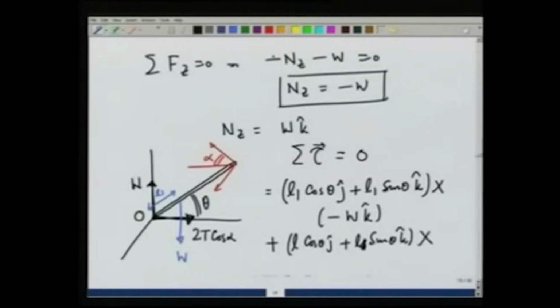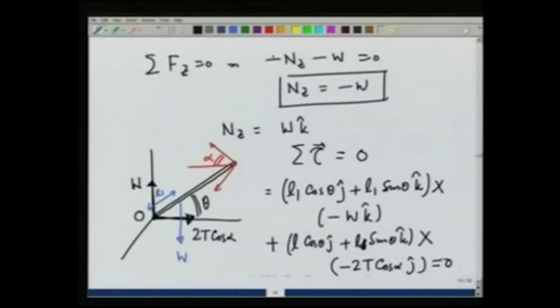Since the two forces are acting at the same point, I can write the torque for their summation, which would be equal to minus 2 T cosine of alpha j, and this should be equal to 0.